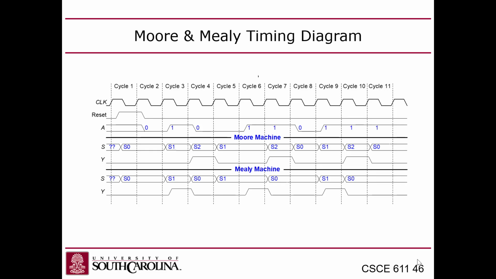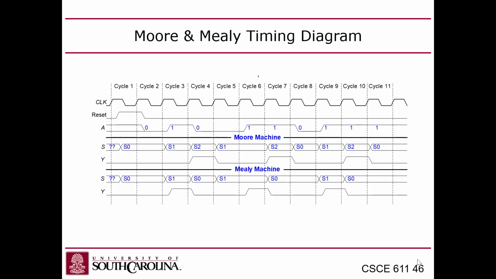Okay, so there's the sequence. So we've got 0, 1, 0, 0, 1, 1, 0, 1, 1, 1, and so the snail smiles after it receives a 0, 1, right?